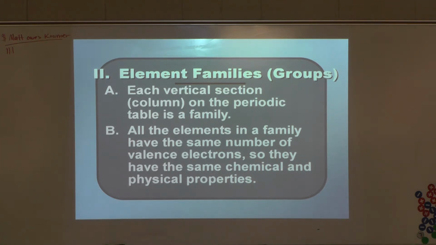What if I said argon? What group is it in? 18. How many valence electrons does it have? 8. Someone said 18. Did you say 18? Very important. Now all of those guys in group 18 have 8 valence electrons. They're all in the same family because of it.